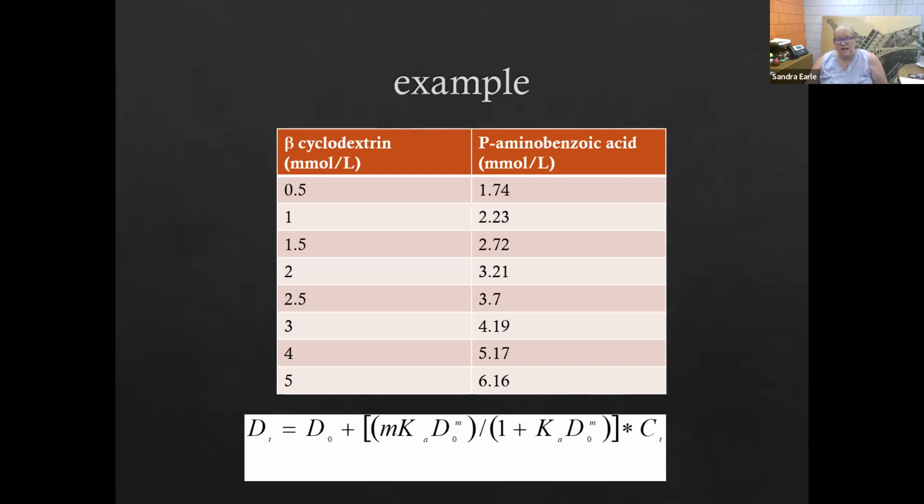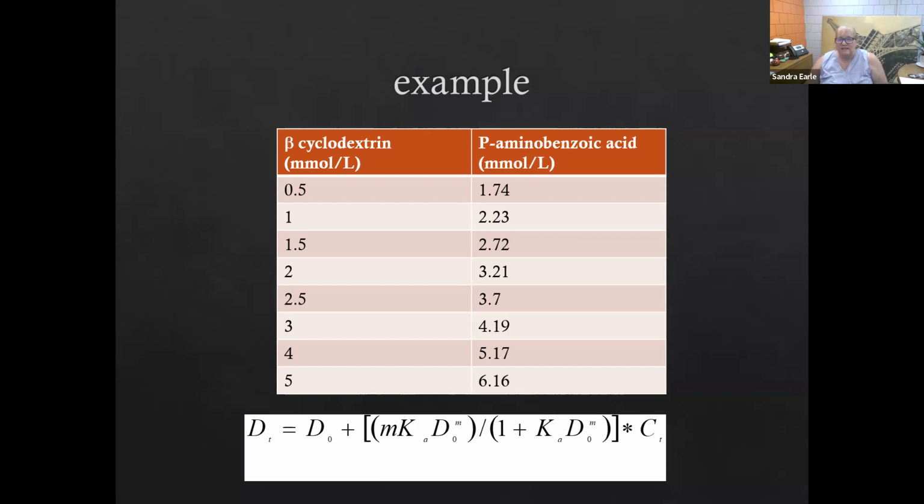So if we have beta-cyclodextrin concentrations here, and the resulting drug concentration, in this case, it's paraaminobenzoic acid. So when we have 0.5 millimoles per liter of the beta-cyclodextrin, we can increase the paraaminobenzoic acid concentration to 1.74. When it goes up to 1, then the PABA, this is short for paraaminobenzoic acid, goes up to 2.23, et cetera, et cetera.